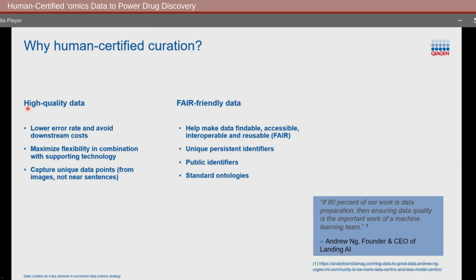This results in higher quality data with lower error rates, so downstream analysis goes more smoothly, greater flexibility to integrate newer data types and data structures, and greater flexibility in capturing and structuring relevant metadata, such as from images and from full text. Now, the curation protocols can also be designed with FAIR principles in mind, helping to make the data findable, accessible, interoperable, and reusable.